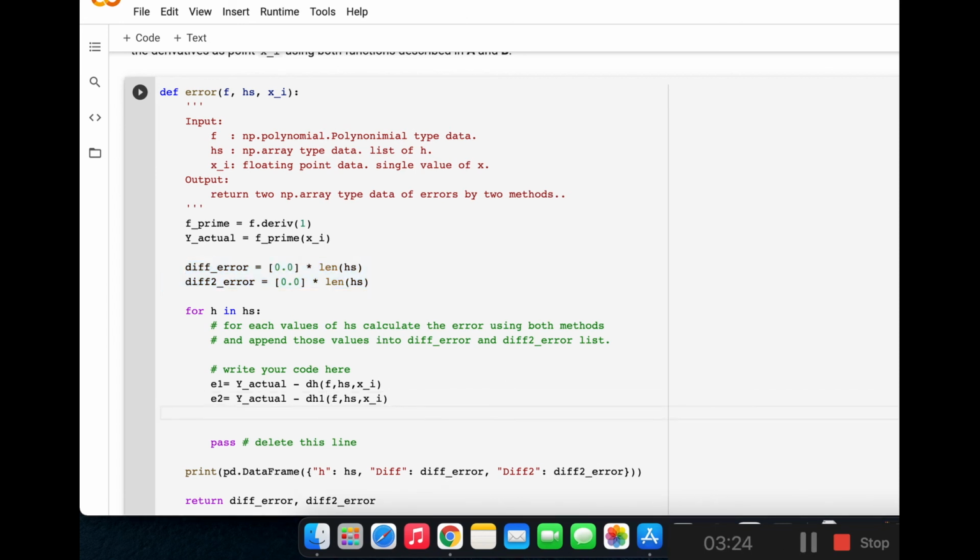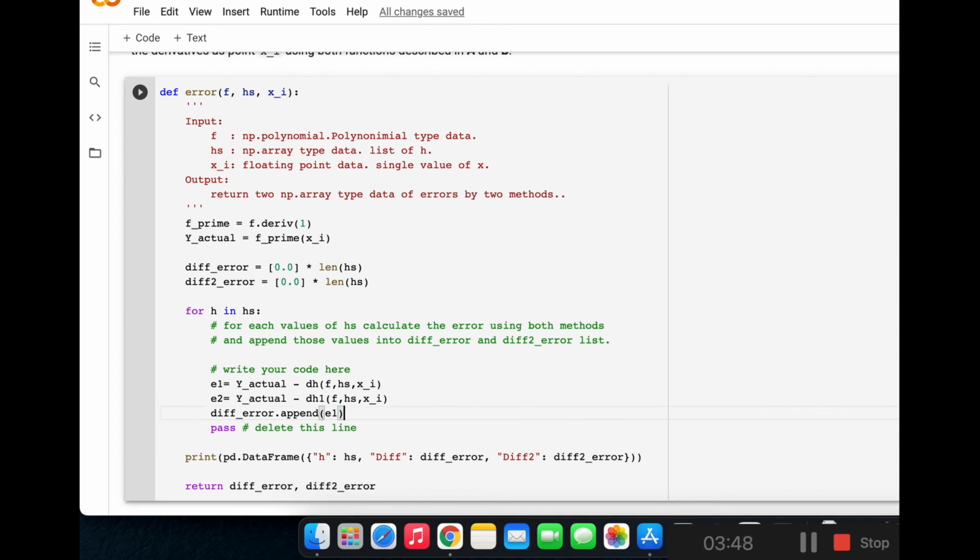We write the name of the list where we want to add a value and call the function append. So we need to add the error E1 into the first list, and we need to add the value of E2 in the second list.